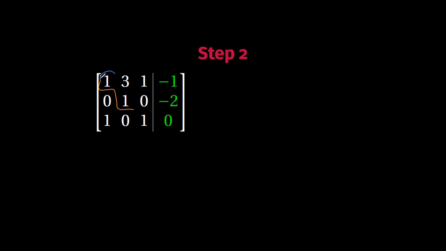Indeed, we have our corner equal to 1 in the first row, our corner equal to 1 in the second row, but we would like to have the element 0 here in the third row. So let's work on this row. In order to replace the number 1 with the number 0 in the third row, we simply do the following operation. Row 3 minus row 1, R3 minus R1.